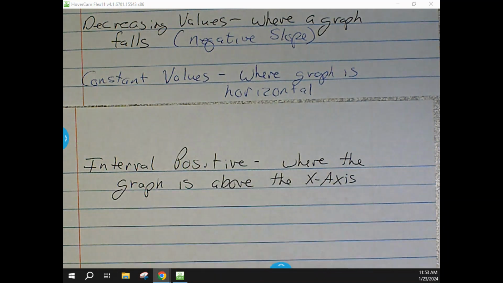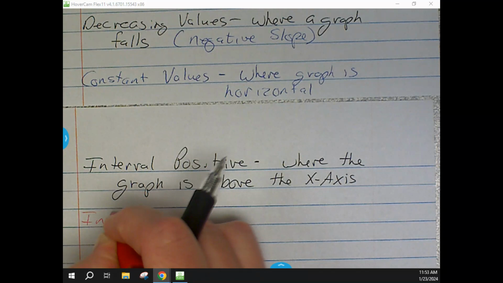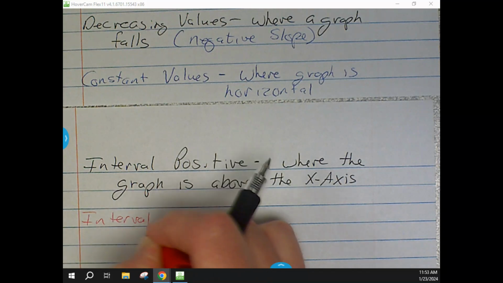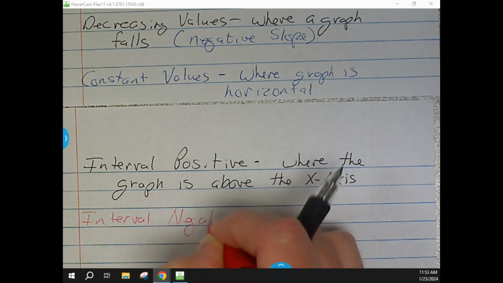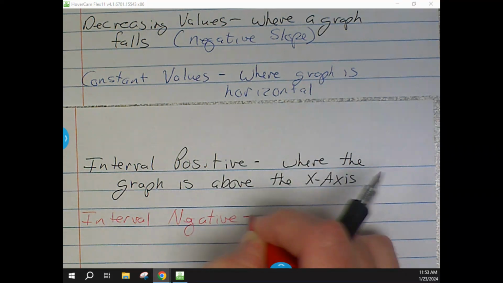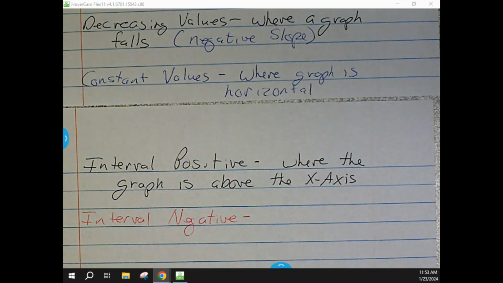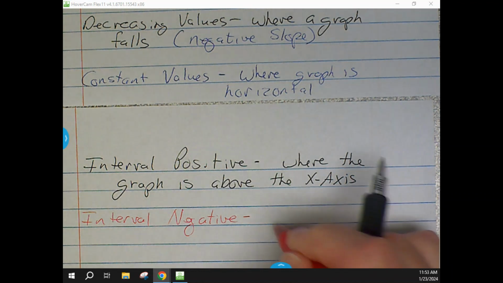And if you've got an interval positive, you're also going to have an interval negative. So if positive is above the x-axis, negative is going to be where the graph is below the x-axis.